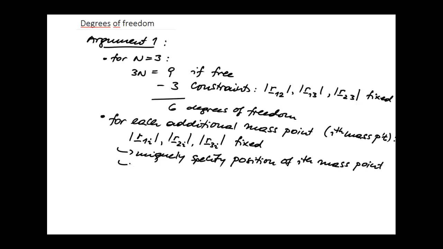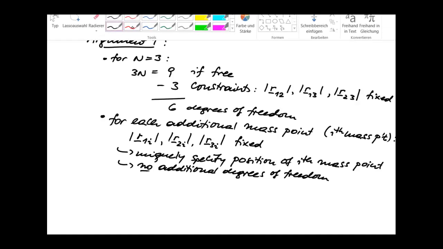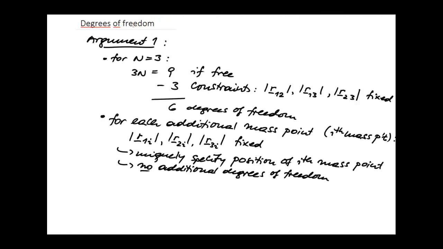And therefore, associated with this additional mass point, there are no additional degrees of freedom. So in fact, after the first 3 mass points, the number of degrees of freedom doesn't increase anymore. And no matter how many mass points you have in total in your rigid body, the total number of degrees of freedom remains 6.